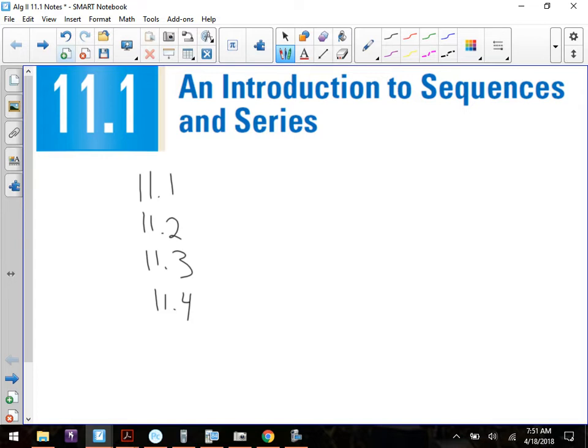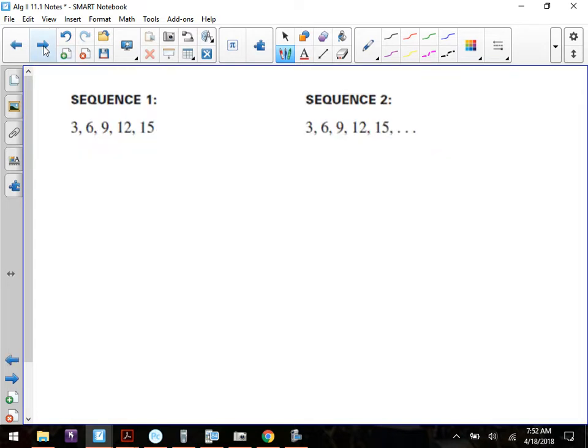So sequences and series. One of them is finite, and one of them is infinite. Which is which?